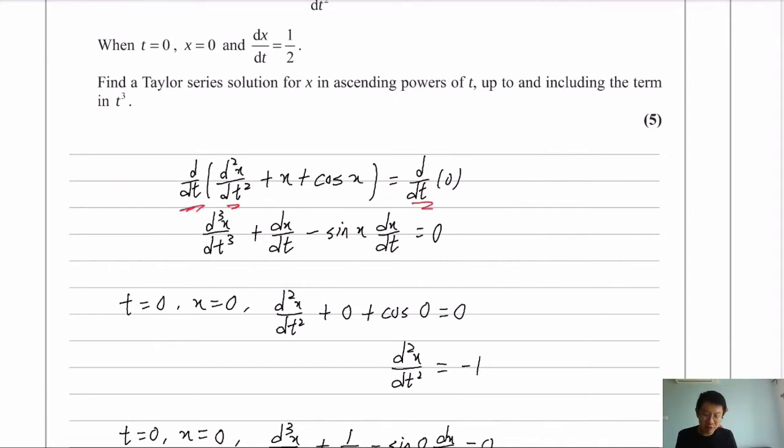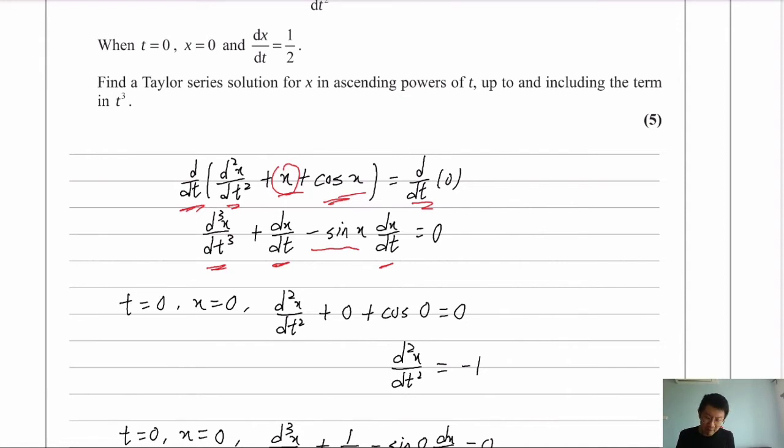The first term, d squared x over dt squared, when we differentiate one more time, gives d cubed x over dt cubed. Differentiating x gives dx/dt, and the cos x term, when differentiated, gives a negative sign, and we multiply by dx/dt because we are differentiating x with respect to t. With that we have a complete relationship which gives us the different values.